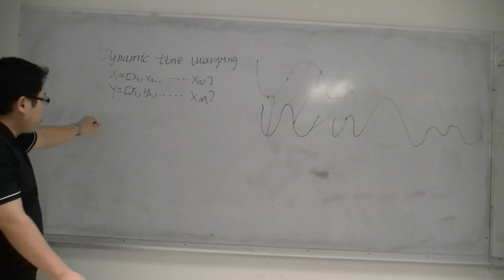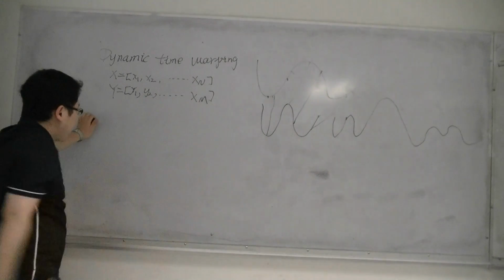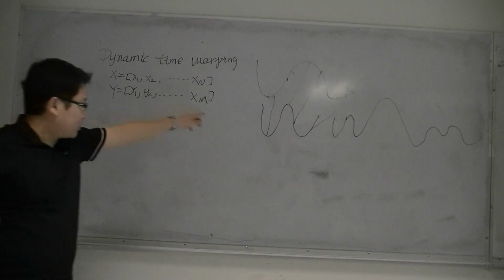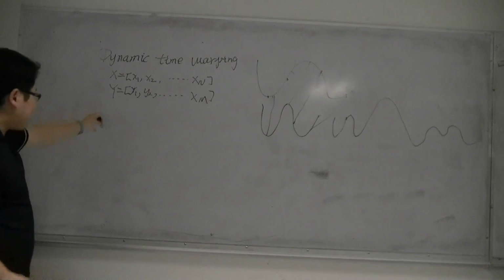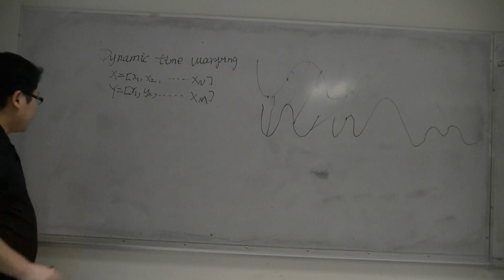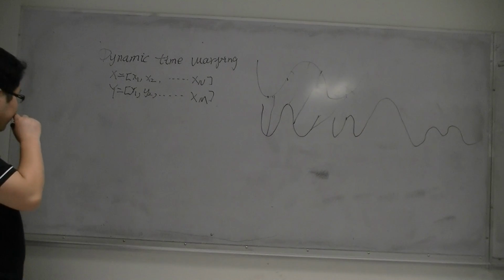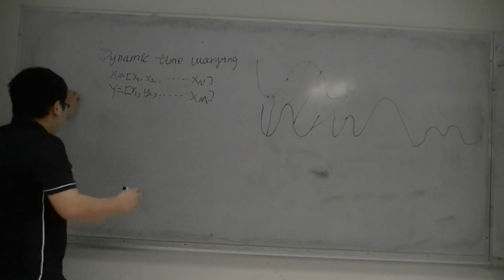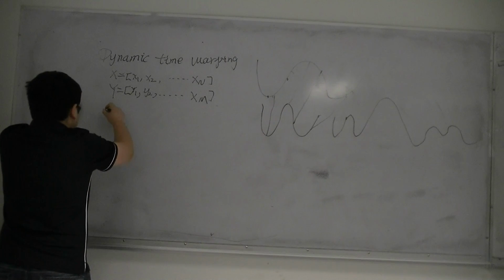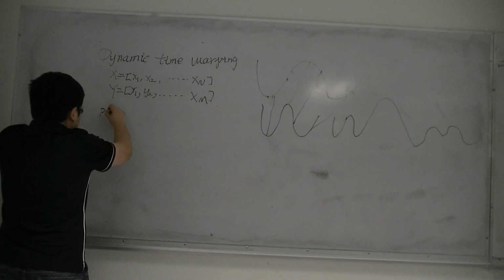For the method, I will first suppose that I have two signals, this x and y. They are all vectors. Another thing is that I will have another vector. This vector is P, standing for point.